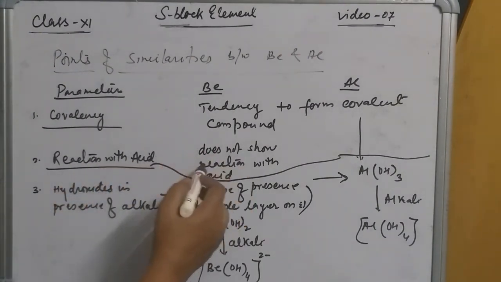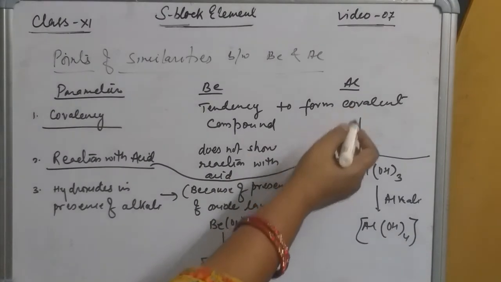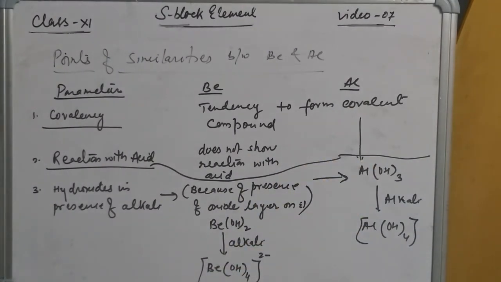Beryllium does not show reaction with acid. Aluminium also has a passive layer of oxide on it, but aluminum reacts with acid as well as base. Beryllium also reacts with acid as well as base, but not as reactively as the other members.